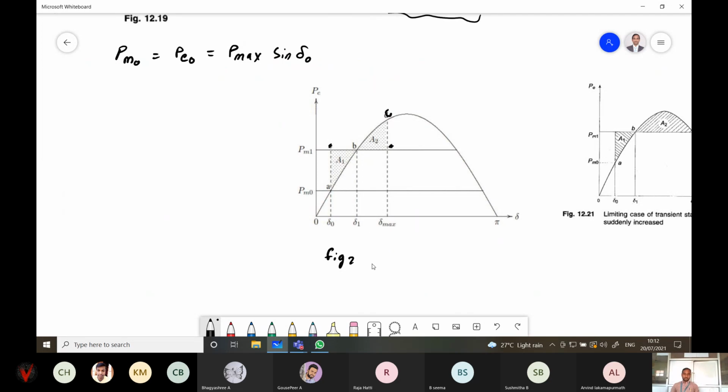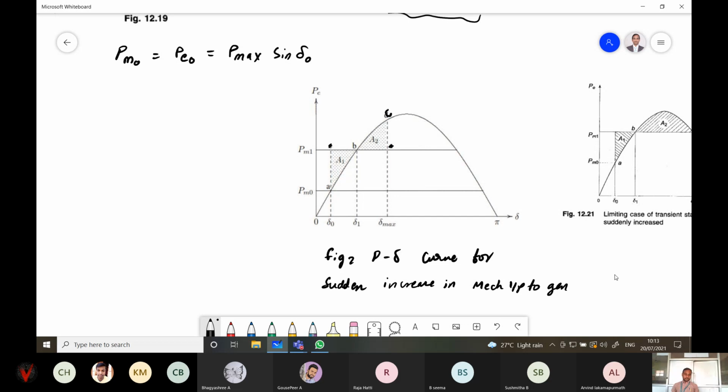So this is the P delta curve for sudden increase in mechanical input to the generator.